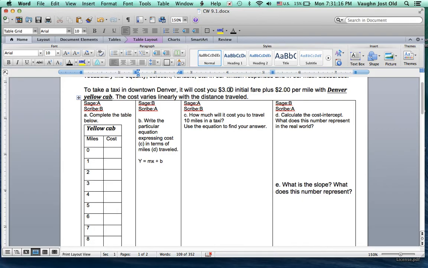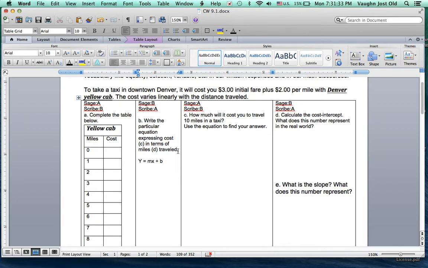Now think back to our dollar amounts up here in our problem. Which of these is going to be the m, the constant rate of change, and which one is going to be the b, the beginning point, or the initial fee?